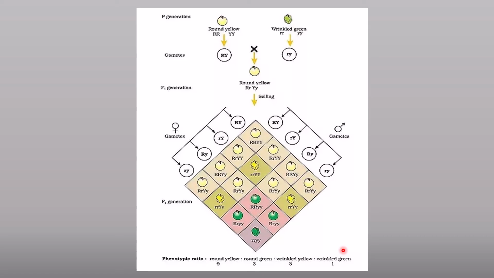So this particular dihybrid experiment helped Mendel to propose a law called the law of independent assortment of non-allelic genes.